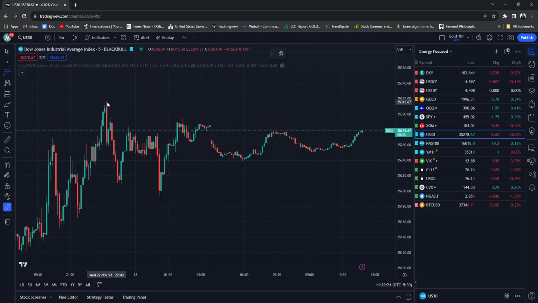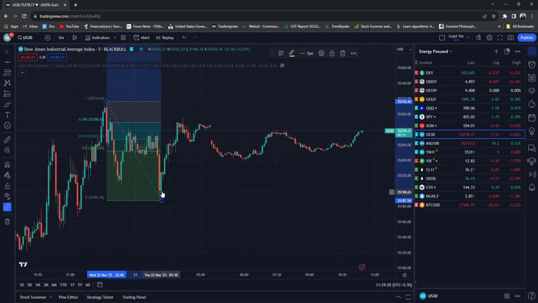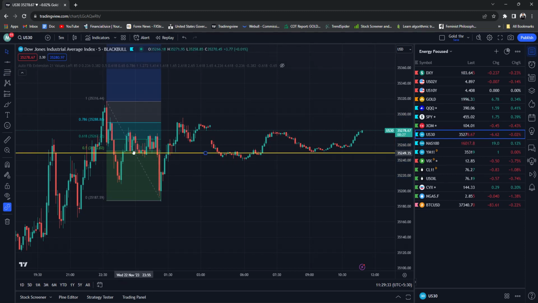Obviously, this is our top, and if we set this as a bottom, we would find a pretty normal area of support and resistance created.